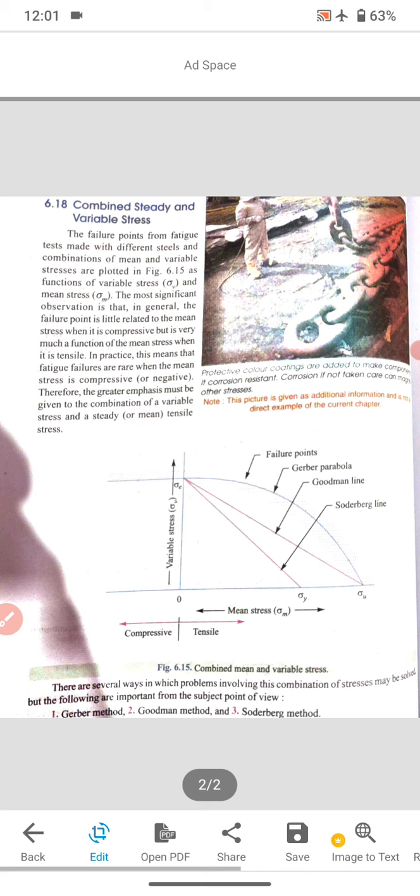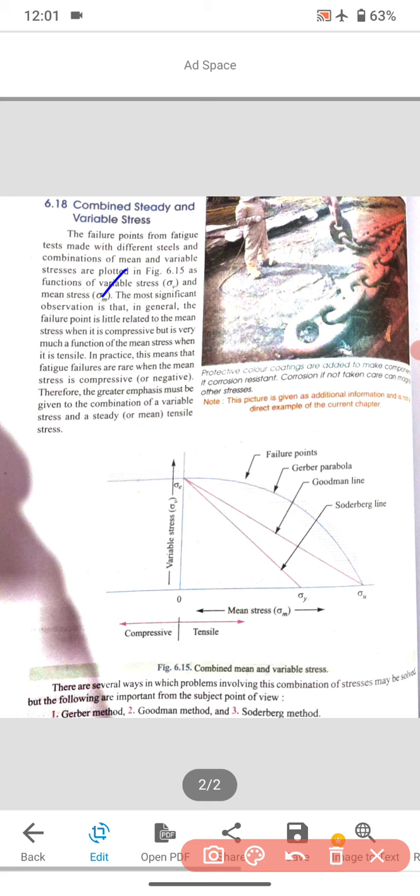Mark my line. The most significant observation is that in general the failure point is little related to the mean stress when it is compressive, but very much a function of the mean stress when it is tensile.